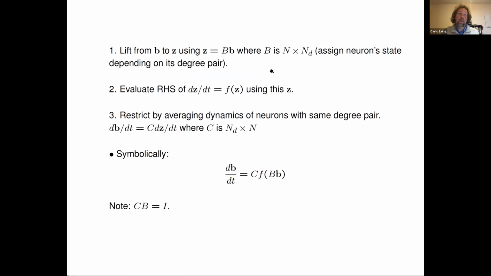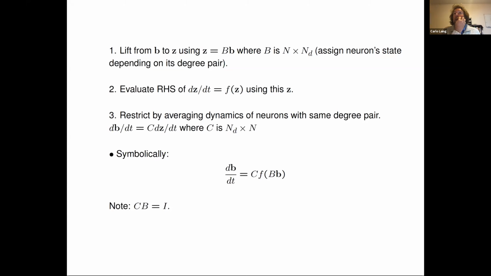The matrix B has in each row one entry, and that entry is 1. Whereas C, the averaging matrix, is normally a tall matrix, and the rows add up to 1.